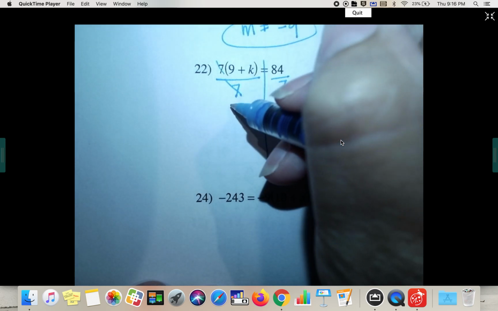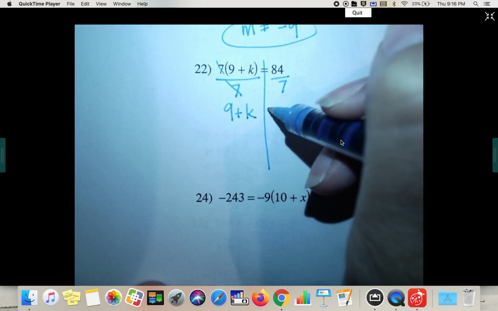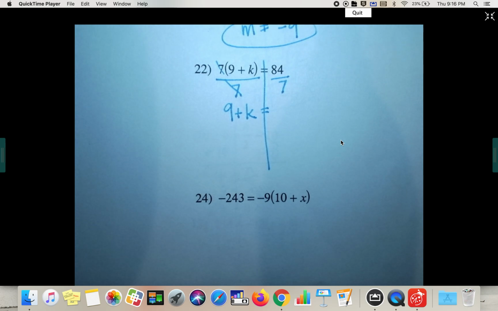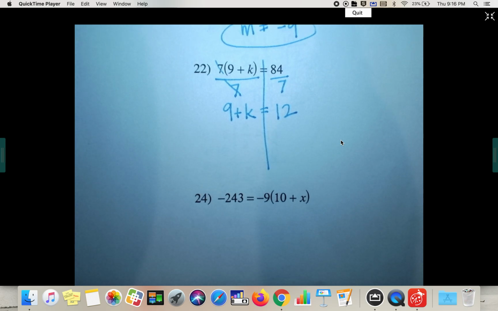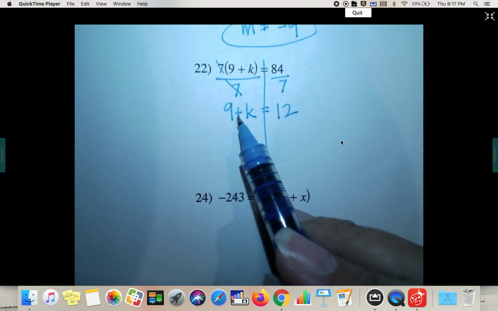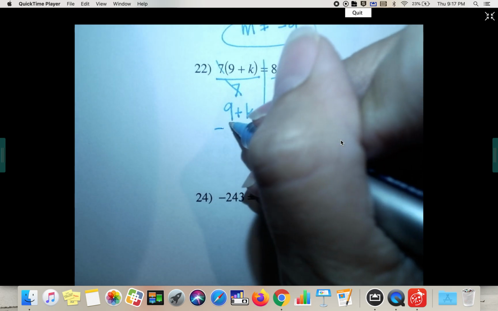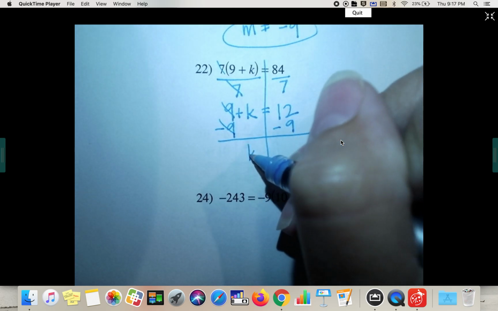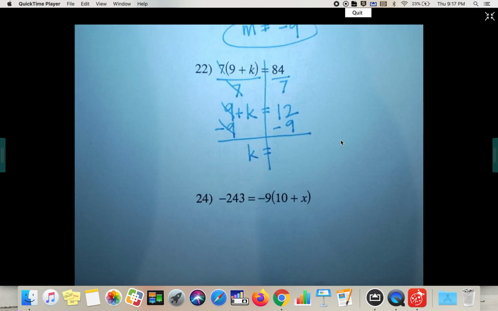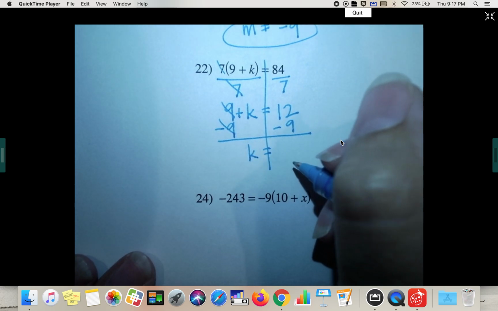So that would leave your 9 plus k. And on the right, you go ahead and divide. 84 divided by 7 is 12, I think. Then k is being added to 9, so you're going to subtract your 9. Cancel, cancel. K equals 12 minus 9, which is 3.